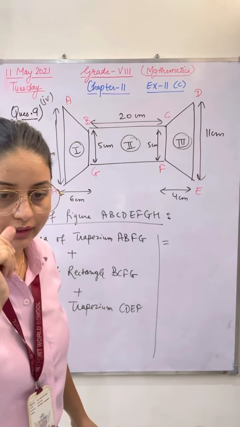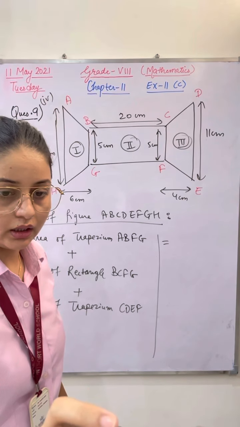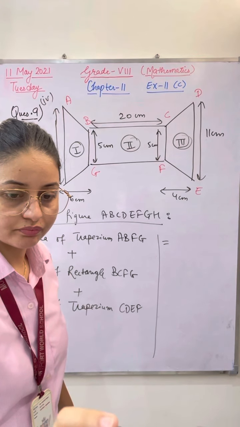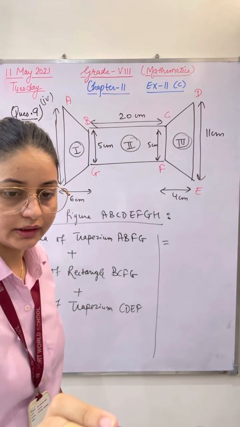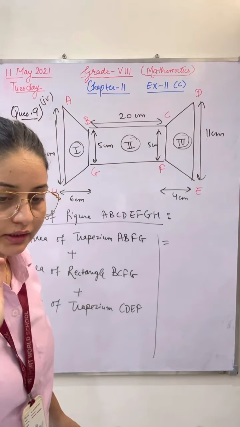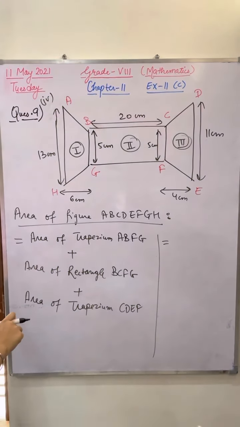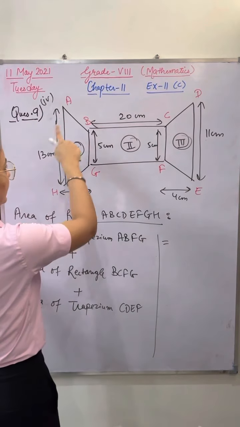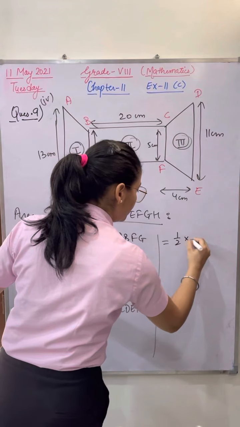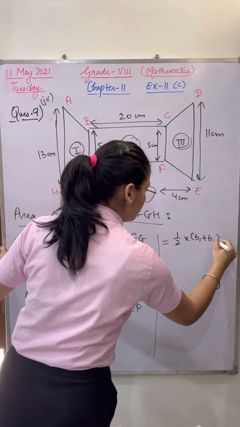Very good, Ashpreet. Now let me ask Dharya. Good morning, ma'am. Dharya, in this trapezium the formula is 1 by 2 into B1 plus B2 into height.